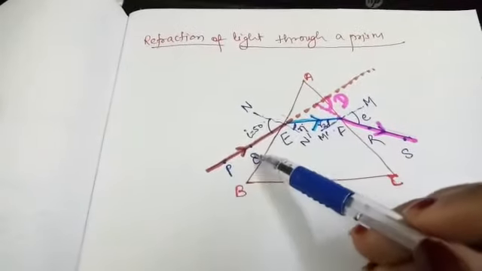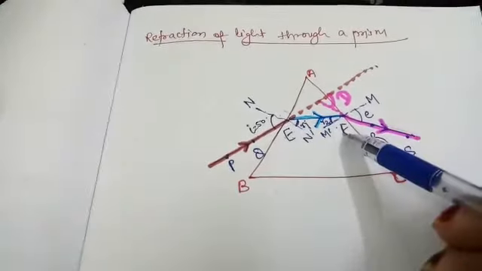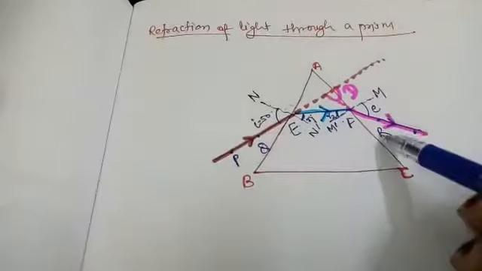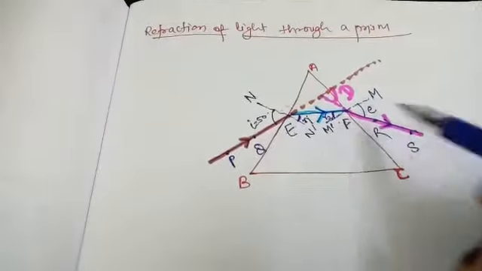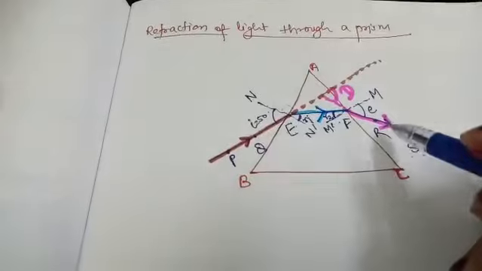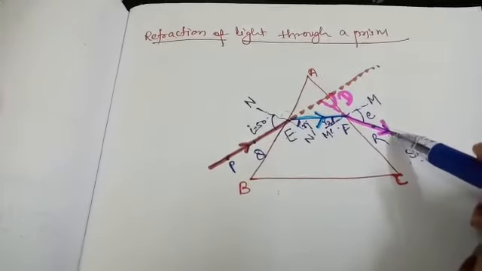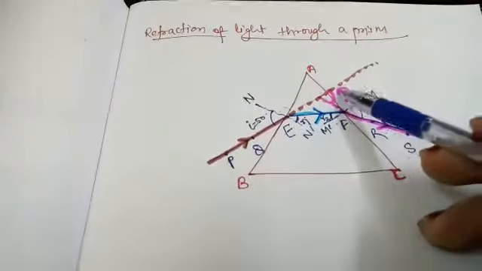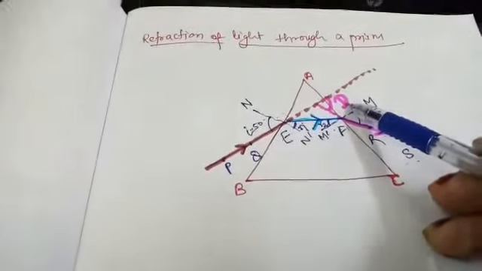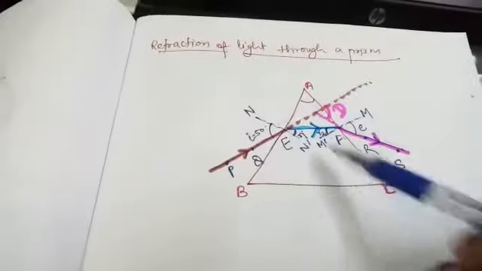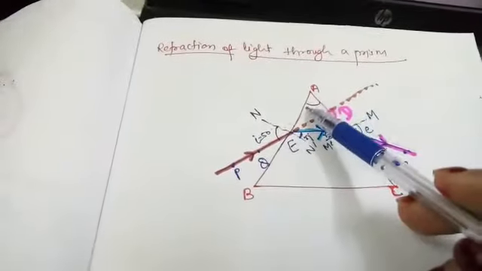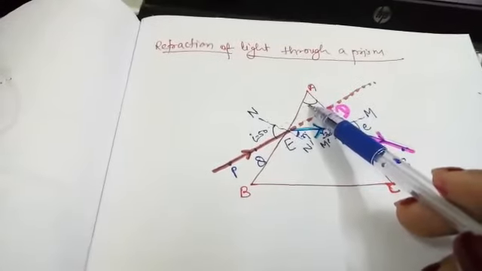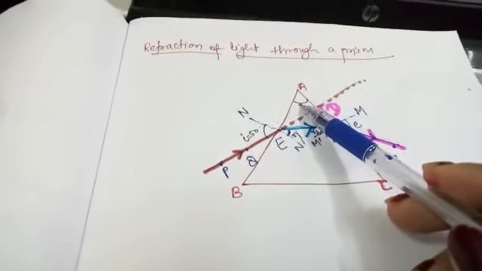Once again, PQ is incident ray, EF is refracted ray, and this RS, you can also say FS, or RS, this pink color line is emergent ray, and extended incident ray, extended emergent ray, this shows the angle of deviation, right? And this is angle of prism. Suppose if the triangle is equilateral, then how much angle is this? 60. Very good.